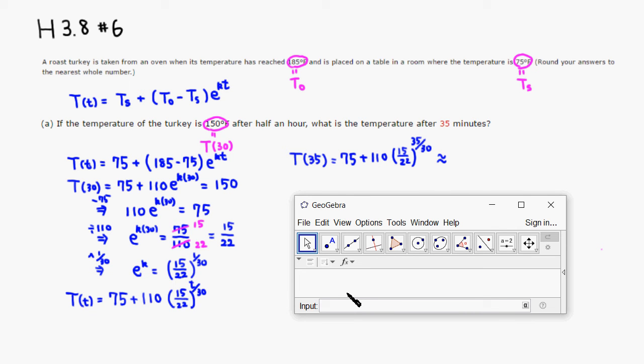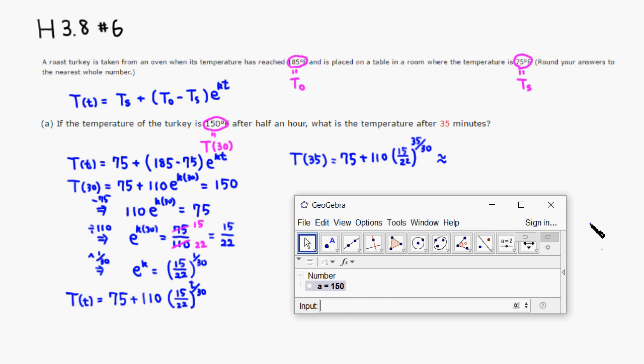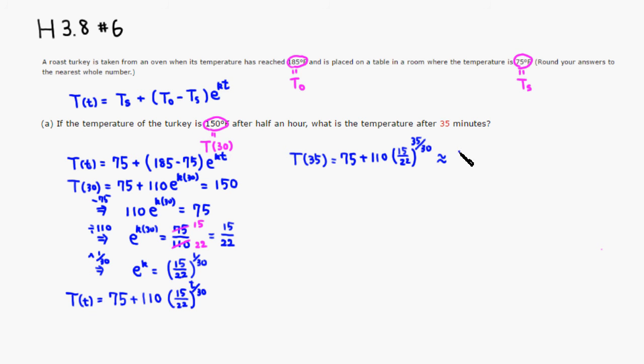So we have 75 plus 110 and 15 over 22 raised to... oops, I accidentally did something wrong, so I'm going to do it again. 75 plus 110 times 15 over 22 raised to the 35 over 30. This comes out to about 145.